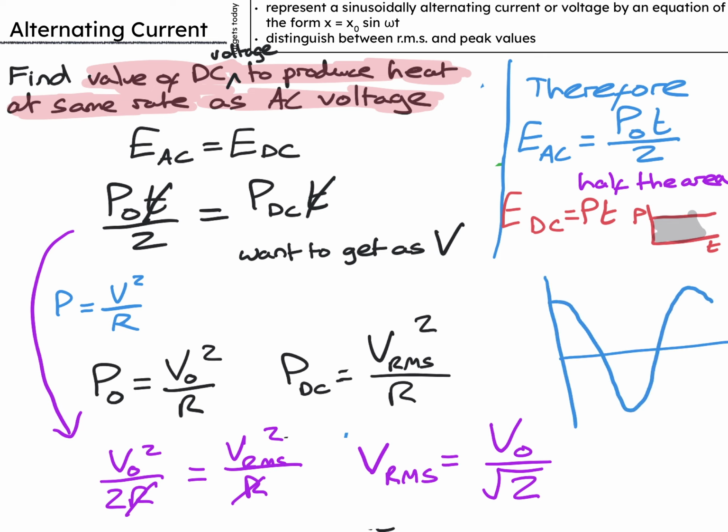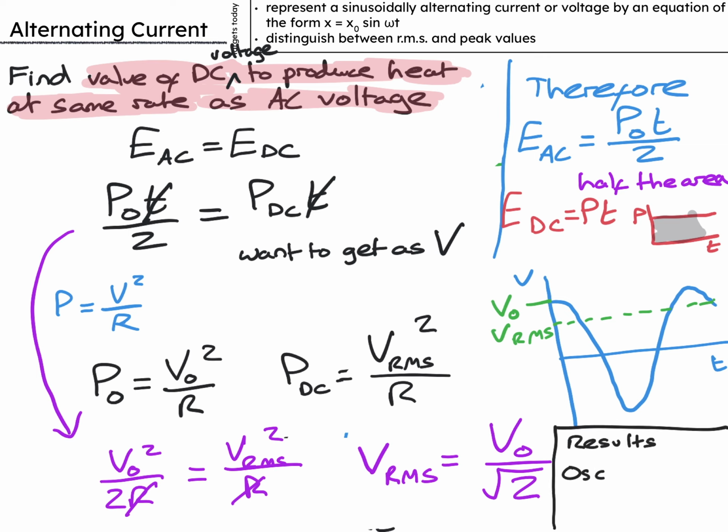On a graph of AC voltage, we can label the peak voltage up here and the RMS voltage here. Now, if we go back to the results I got before, the oscilloscope recorded over 8 volts, about 8.4 volts. So if we divide that by root 2, we get 6 volts.